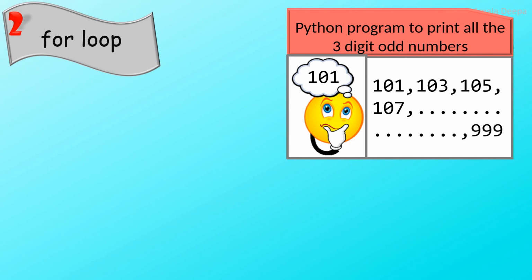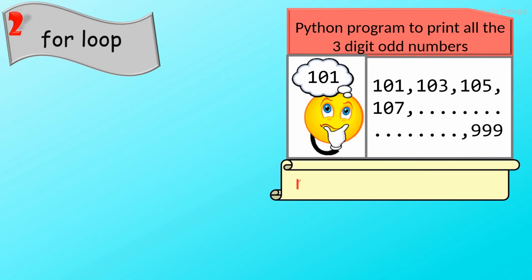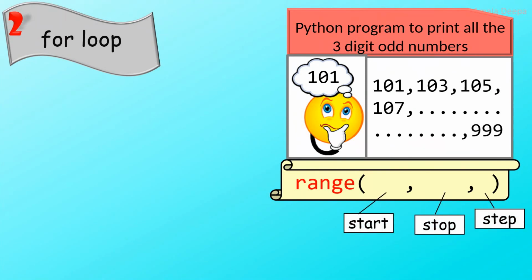So first what you should do is write the range function which will generate these numbers. Range function has three parameters: start, stop, and step. Look at the values which need to be generated and you fill these three parameters. The start value should be 101.